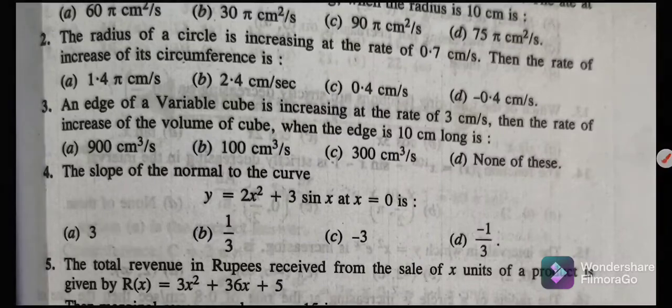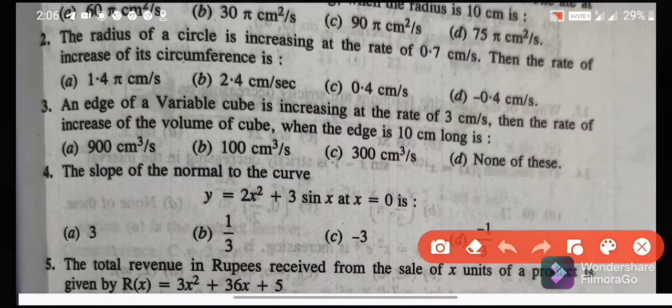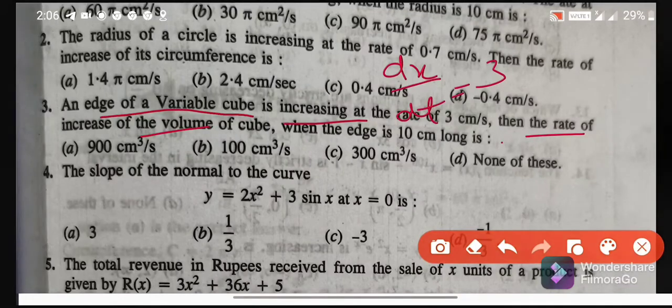Next question. An edge of a variable cube is increasing at the rate of 3 cm per second. Then the rate of increase of the volume of the cube. Now the edge of a variable cube is increasing at the rate of 3 cm, that is dx/dt is given as 3. Now the volume is equal to x cube.